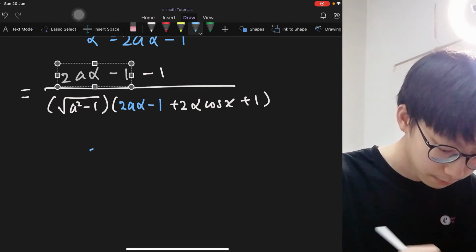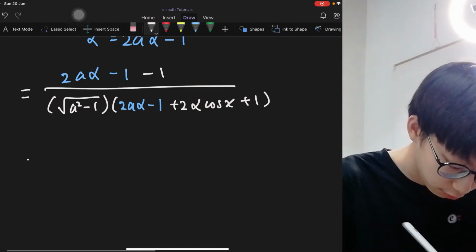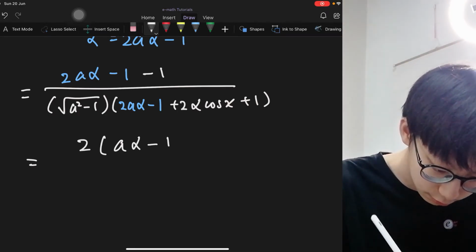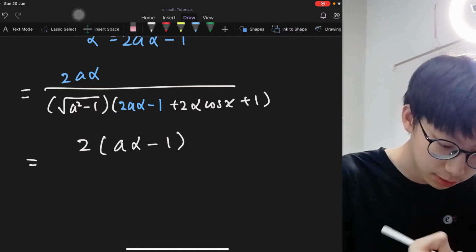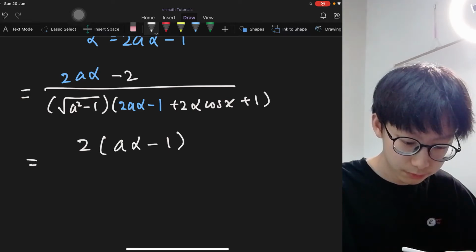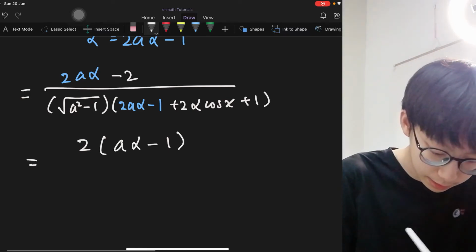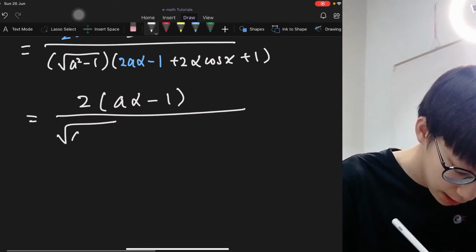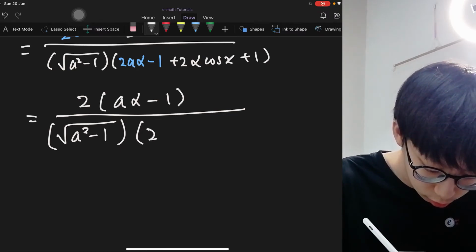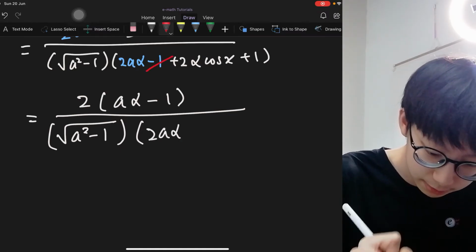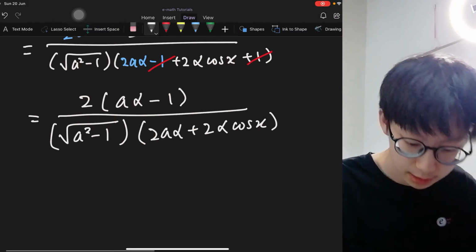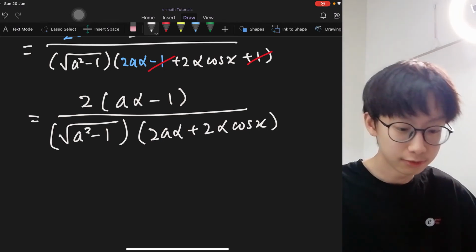So it is 2, we can factor out the 2, so 2a alpha minus 1, right? Because this one is actually minus 2. Then over square root of a square minus 1, 2a alpha, this and that cancel, plus 2 alpha cos x, which we can factor out the 2.